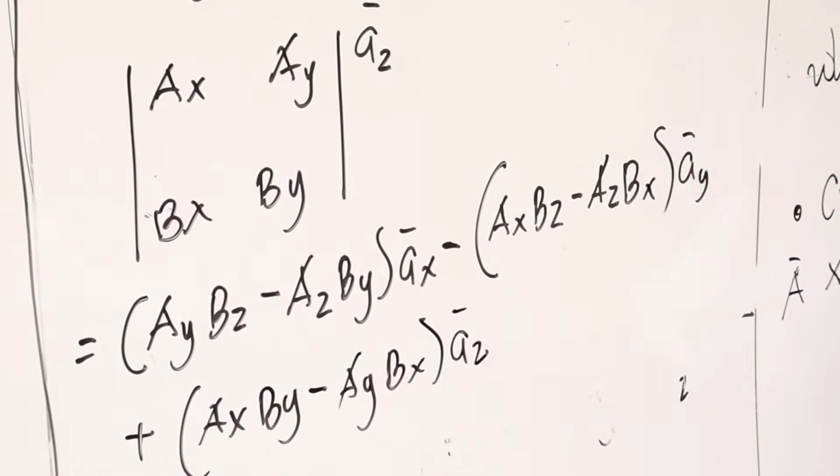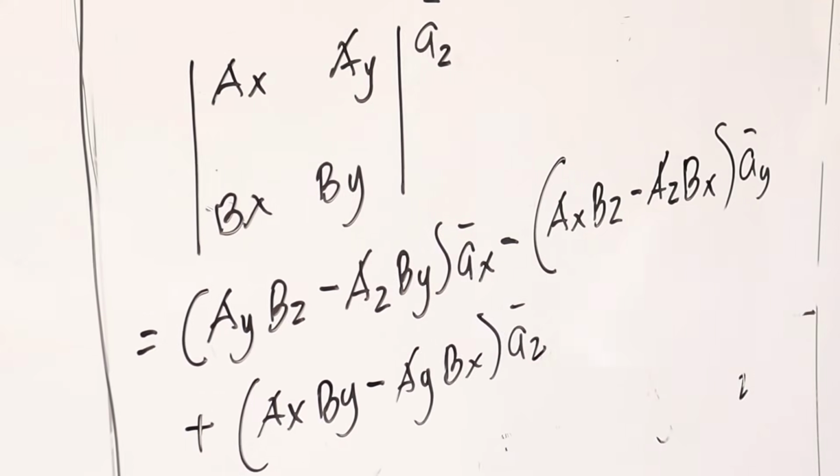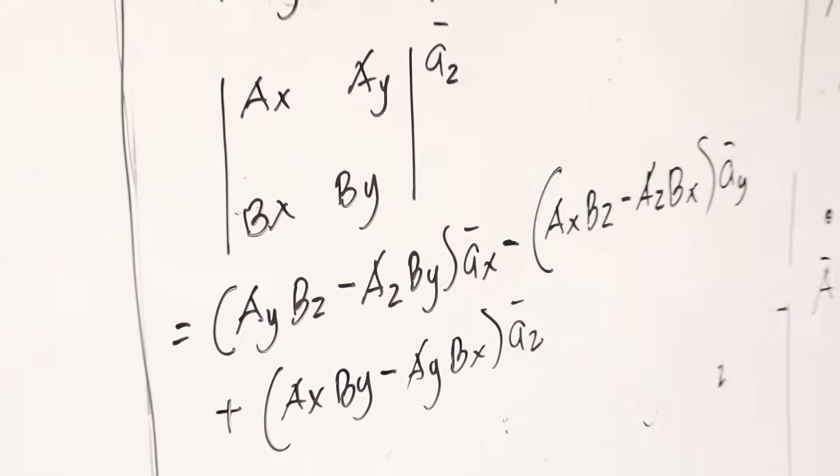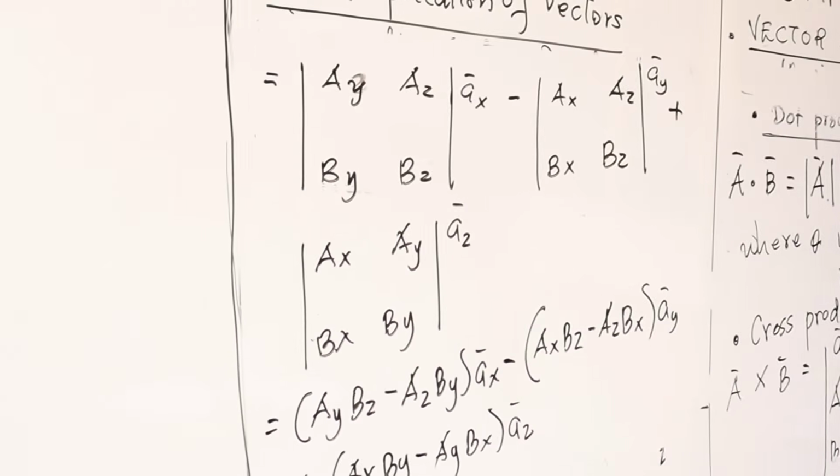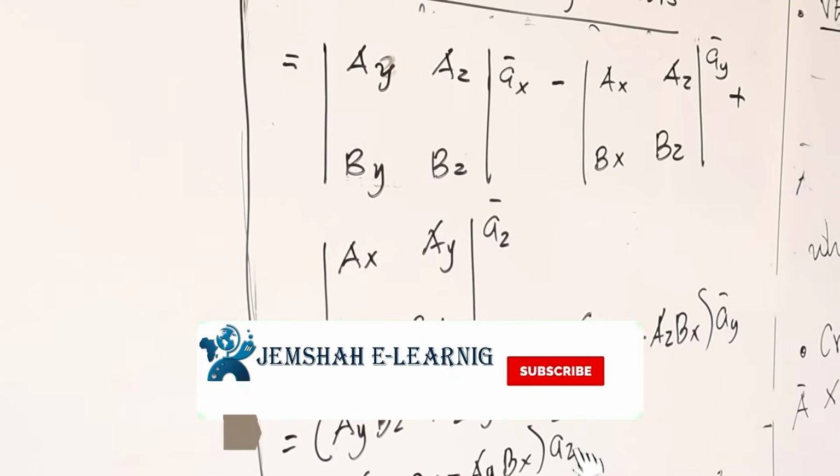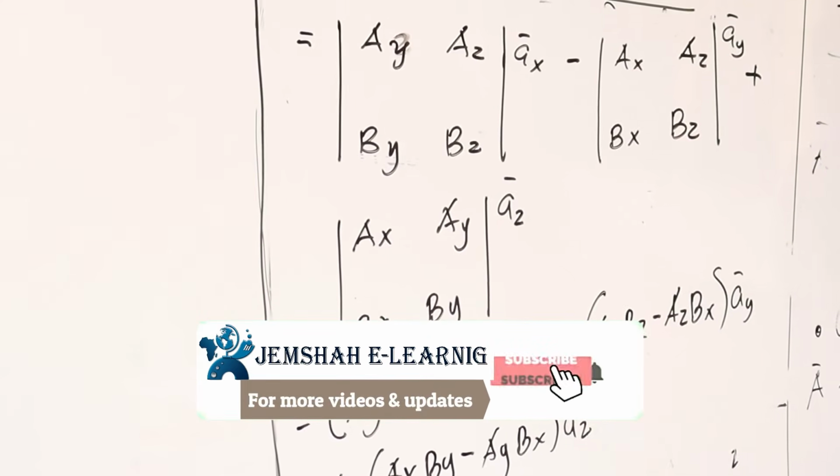So this is how we normally handle our multiplication of vectors using dot and cross product methods.